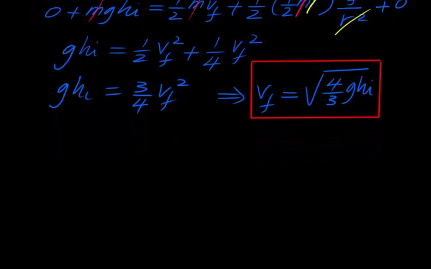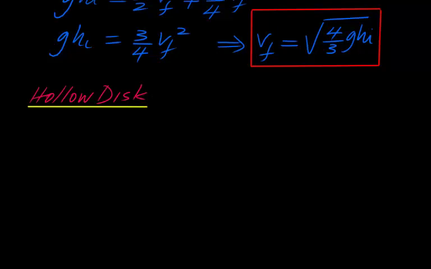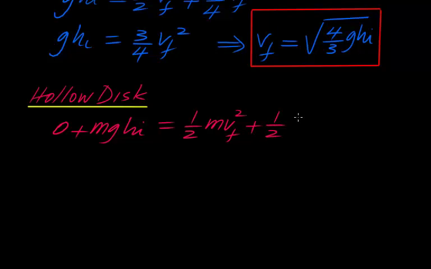Now, let's evaluate the same speed for the hollow disk at the bottom of the incline. The mathematical expression that we have obtained from the conservation of energy was 0 plus mgh initial equals the translational kinetic energy final plus the rotational kinetic energy final plus 0 potential at the bottom of the incline.